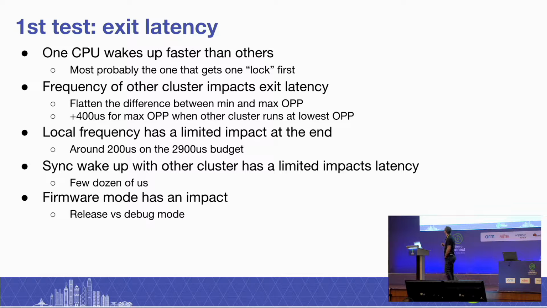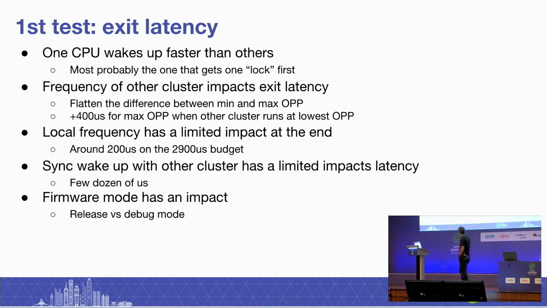So that's the summary. As I explained, we have one CPU that wakes up faster, so it probably gets a critical resource before the other one. I haven't shown that, but we can see that the frequency of the other cluster, depending on whether the little core was running at the lowest or the highest OPP, was impacting the wake-up latency of the big core.